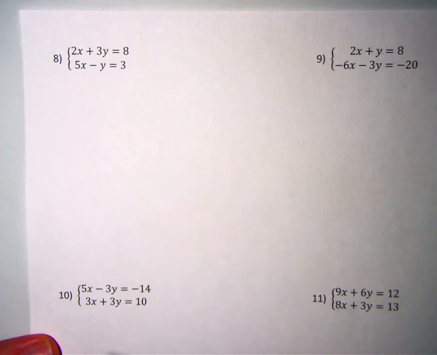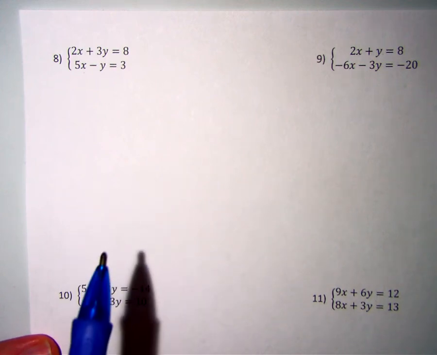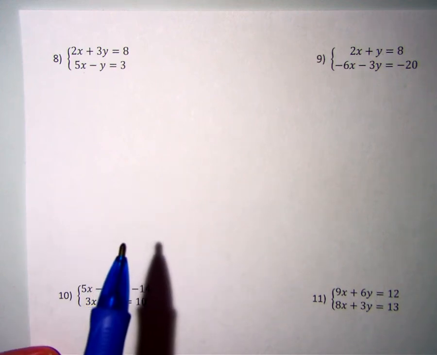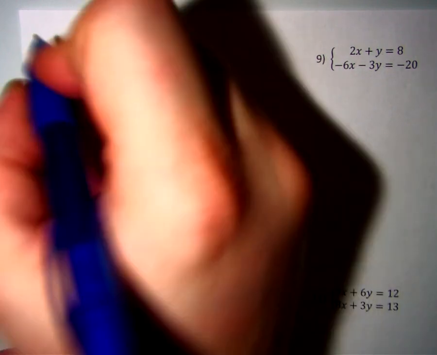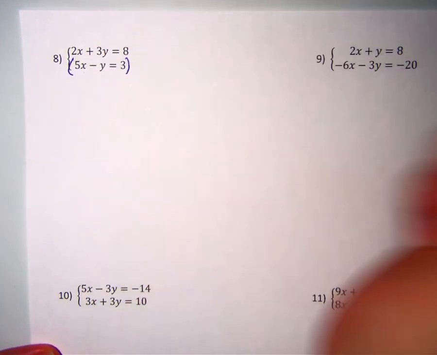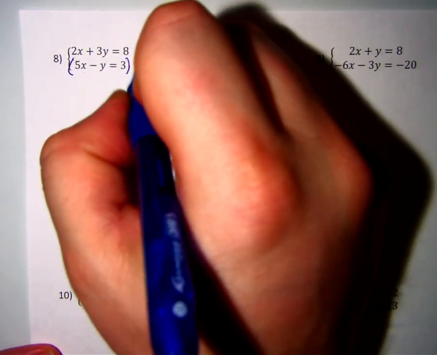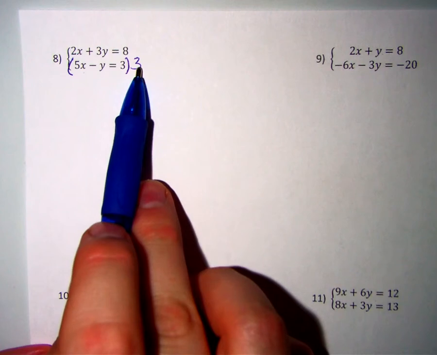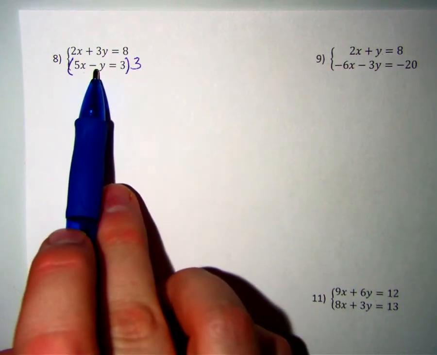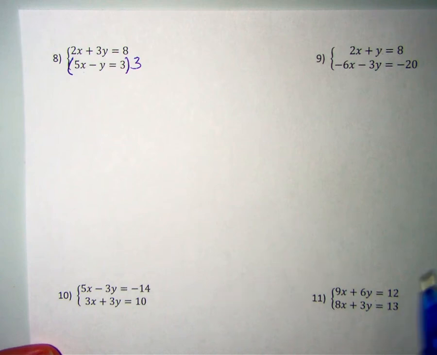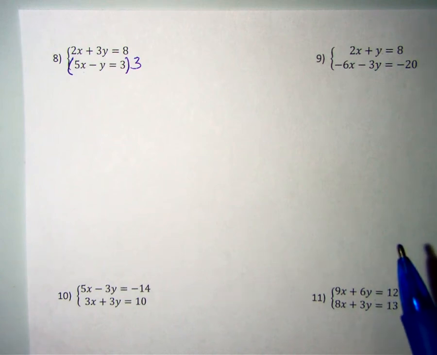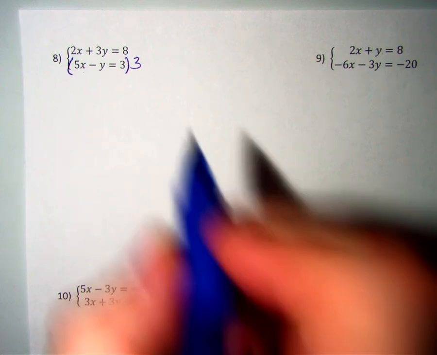So just like on the previous problem, we could multiply one of the equations by -1. We can also multiply an equation by an integer. So I'm going to multiply this entire equation by 3. Multiplying it by 3 will leave me with a -3y, which is the opposite of 3y, and so I can tell that those two are going to eliminate, giving us the ability to solve for x.